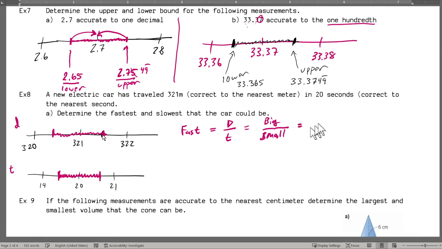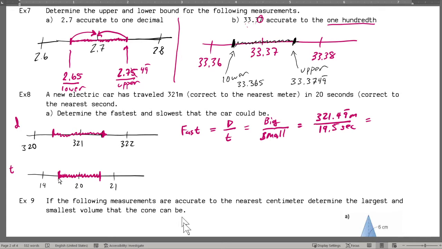So 321.49 repeating over my smallest time, my shortest amount of time that I would have been able to do it in would have been 19.5 seconds. So 19.5 seconds.